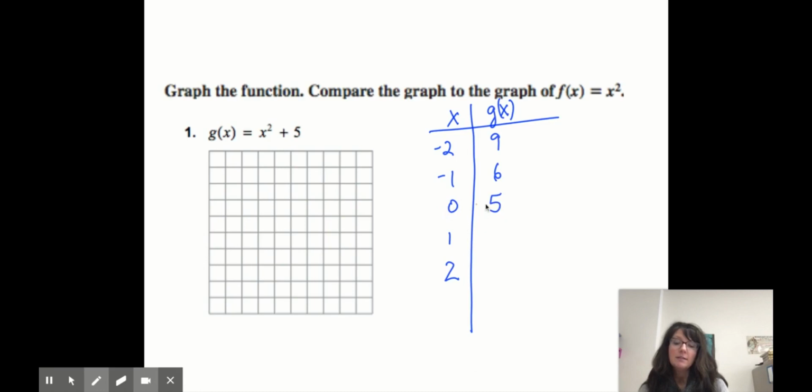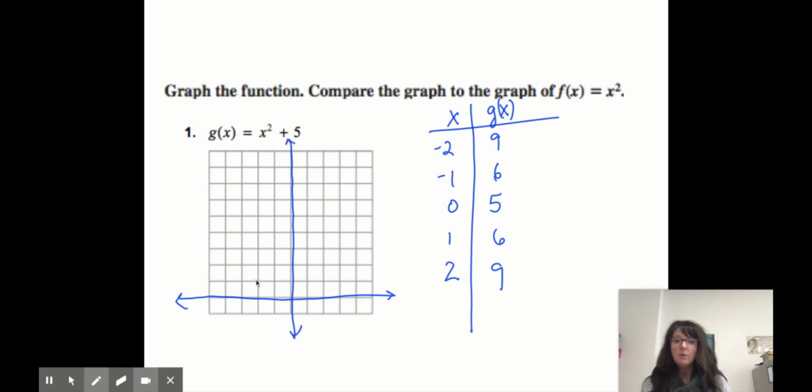And you can see that this is where it's crossing the y-axis. It's our y-intercept. Then we'll have 1 plus 5, and then we'll have 4 plus 5 again. So let's just count by ones, make it a little easier. Draw in our coordinate plane here.